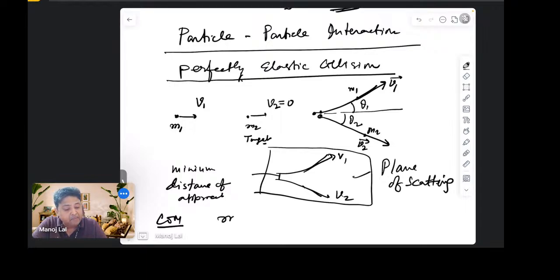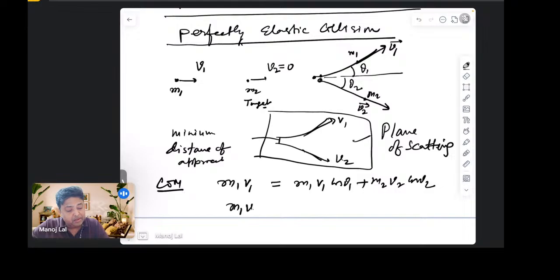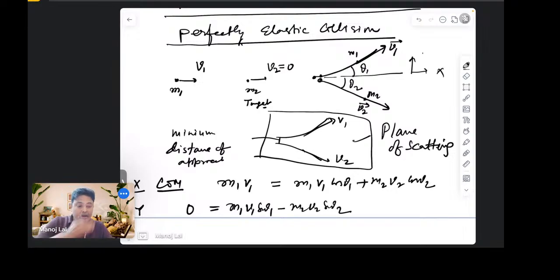I can say m1 v1 is equal to, initial second particle is 0, m1 v1' cos theta 1 plus m2 v2' cos theta 2. And then m1 v1' sine theta 1 minus m2 v2' sine theta 2, since initial momentum in y is 0. This is along x and this is along y. Alright students, so this is what we can write for the momentum.